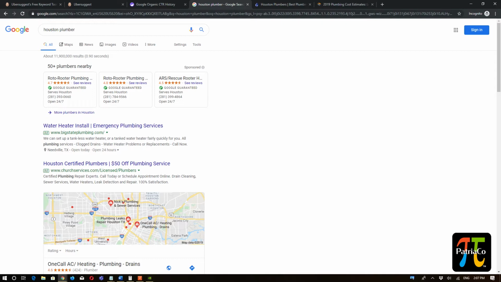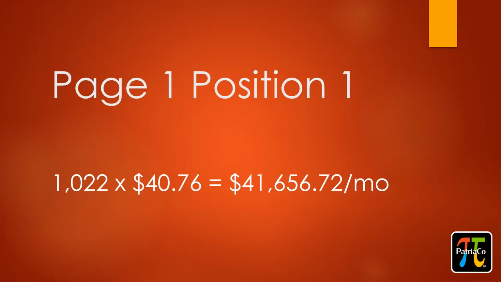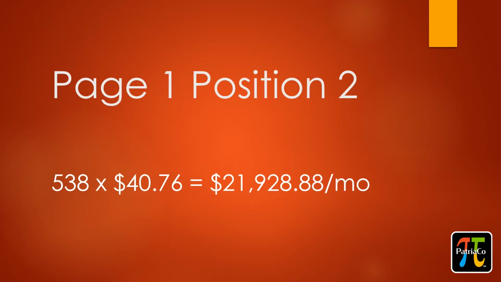If we go back to our calculation, we can say, what is it worth for our company? Well, on position 1, those 1,000 leads at $40.76, again, for Houston plumber, we're talking about $41,000 per month in ad value. On position 2, those 538 leads equal a value of $21,000 per month.